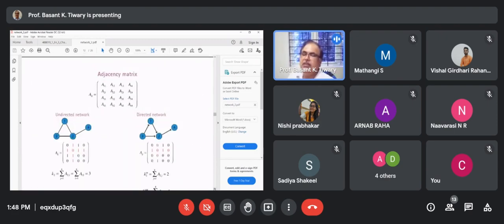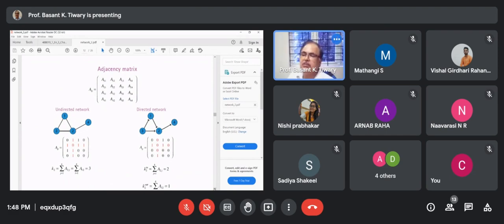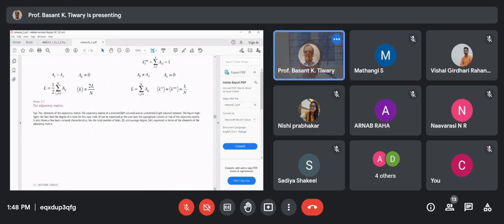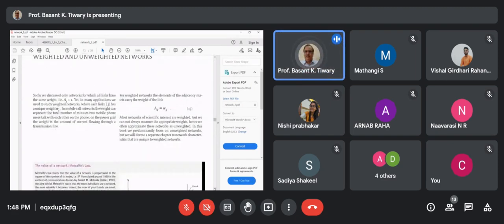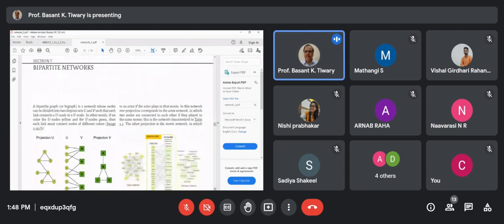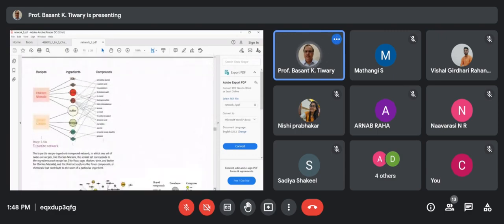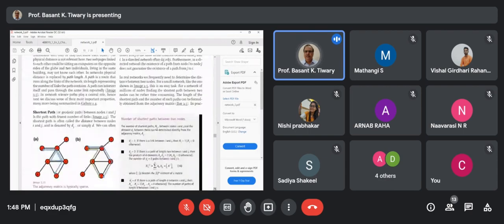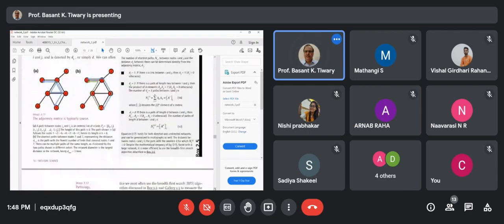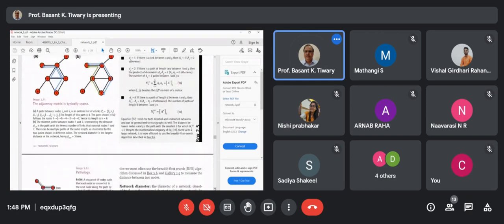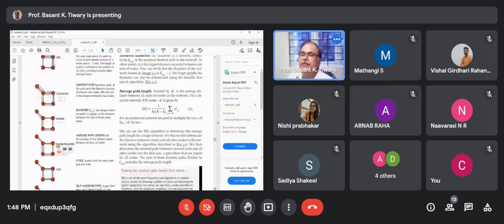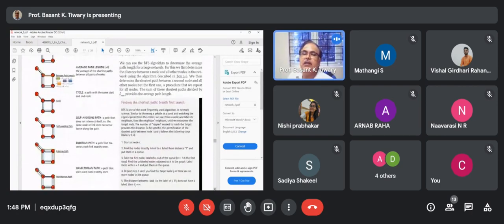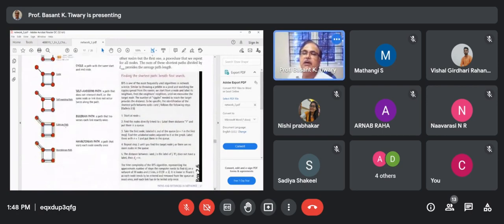So this explains the adjacency matrix, which I already have talked about, and then weighted network, unweighted network are there. Bipartite network, I have already talked about. And then paths and distances in network, like shortest path, average path length, network diameter, Eulerian path, Hamiltonian path, all are there.